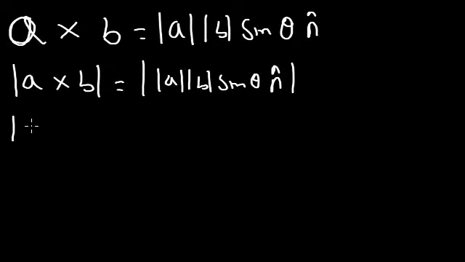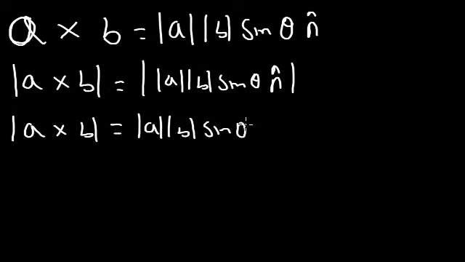And this can be further simplified to magnitude of A, magnitude of B, sine theta, the magnitude of the unit vector. We all know that the magnitude of any unit vector is nothing but 1.